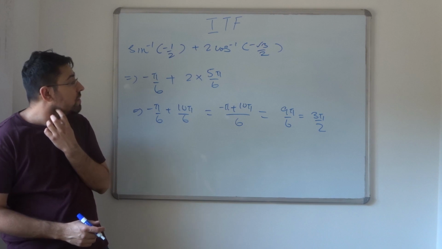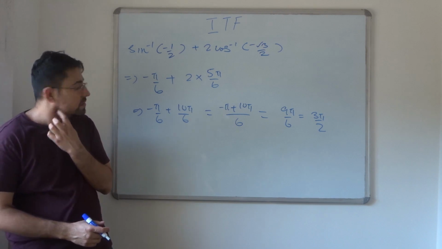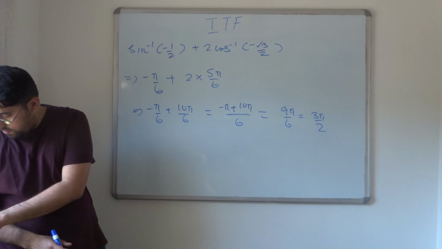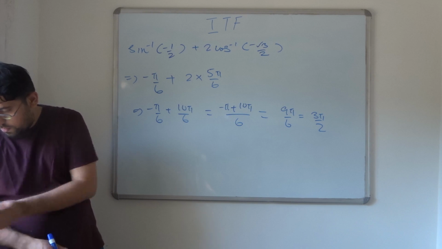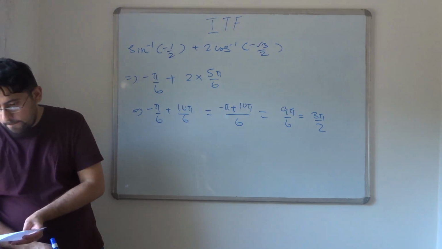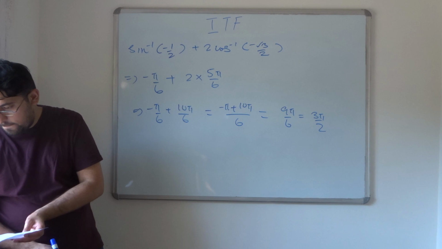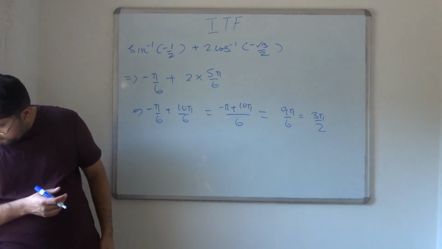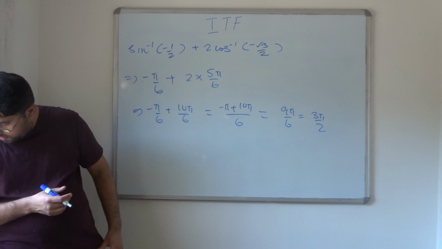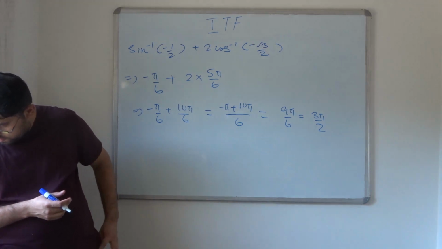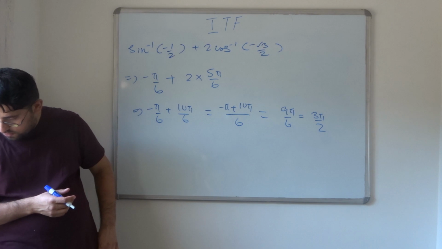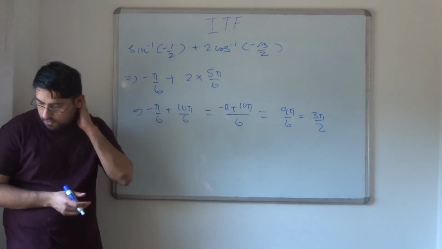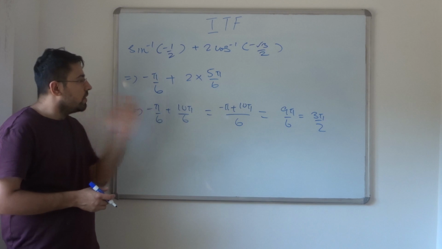Yes, you get 3 pi upon 2. Okay, so that's the answer.